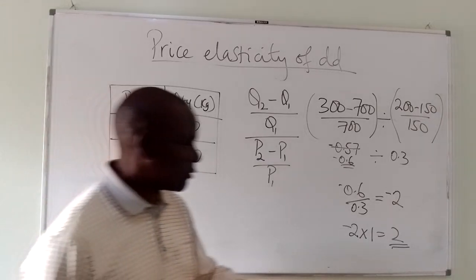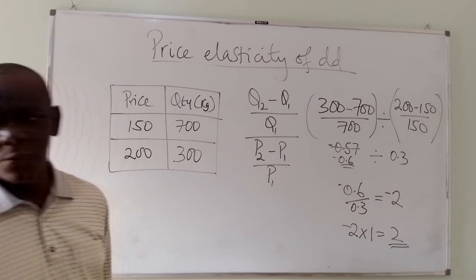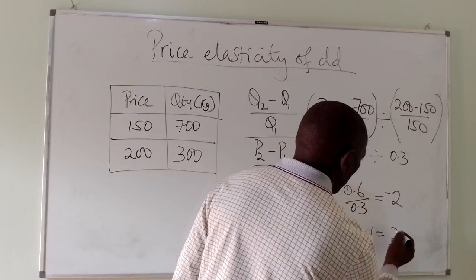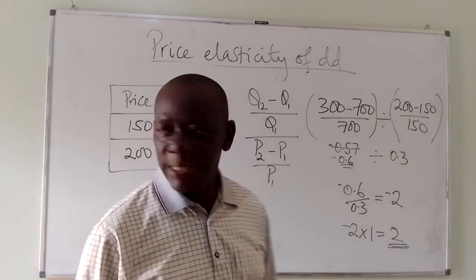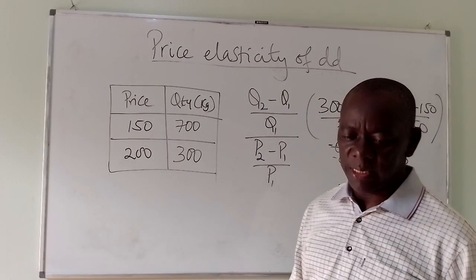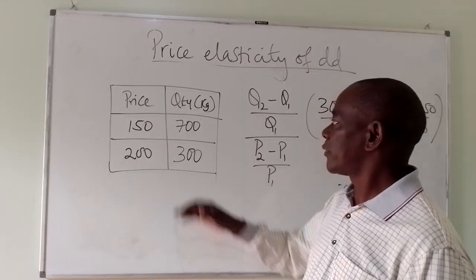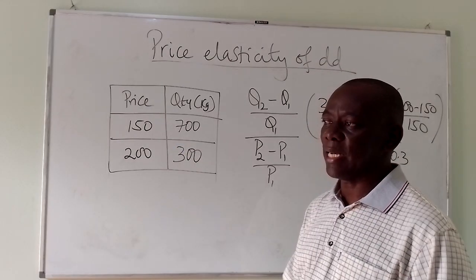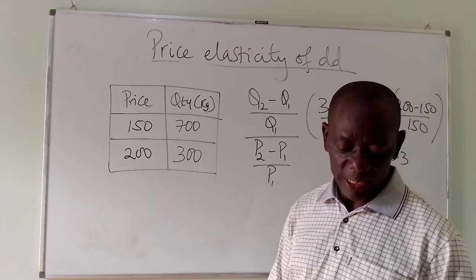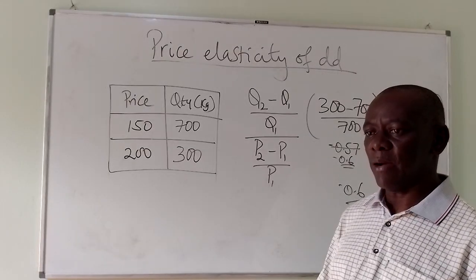That means the degree of responsiveness of quantity demanded of this commodity, by calculating the elasticity, is 2. That is the price elasticity of demand that we have got.